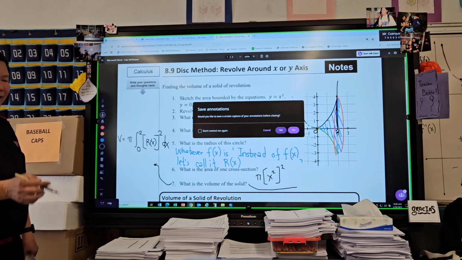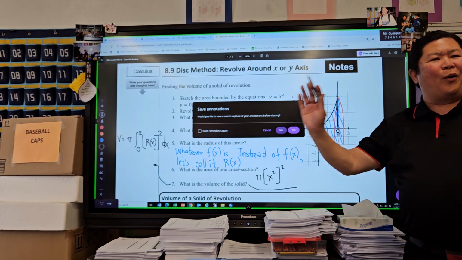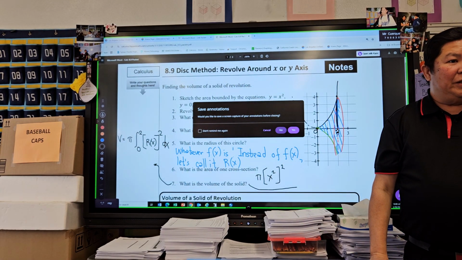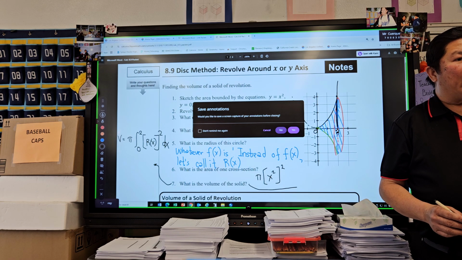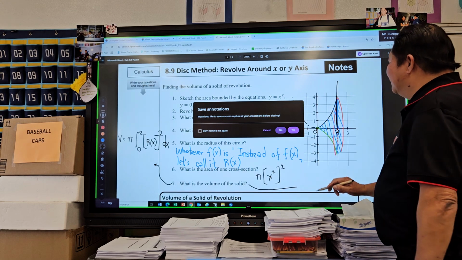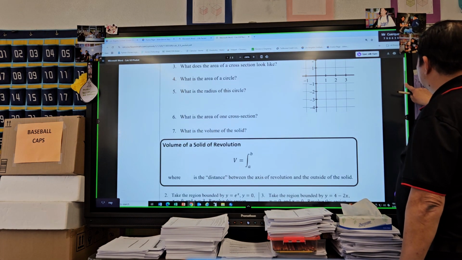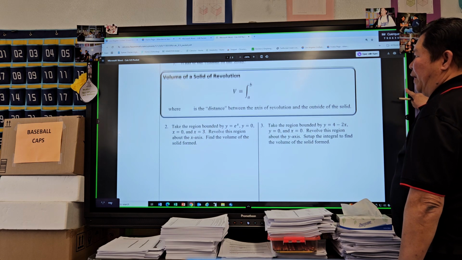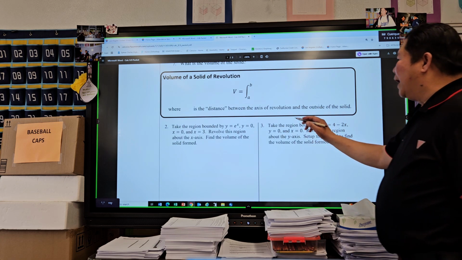Once it says revolved around the y-axis, it's going to be dy, but then you rewrite the function as x equals. So the volume of a solid of revolution, V, is equal to the integral from a to b, and then pi.